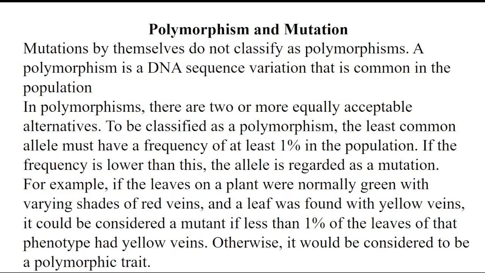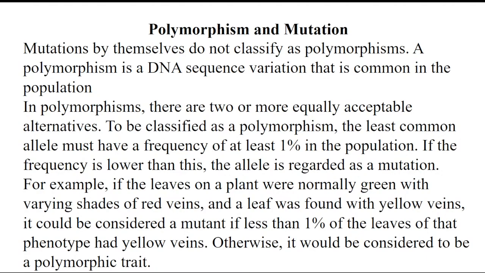For example, if the leaves on a plant were normally green, with varying shades of red veins, and a leaf was found with yellow veins, each could be considered a mutant if less than 1% of leaves of which phenotype had yellow veins.